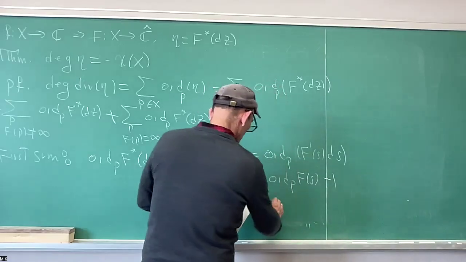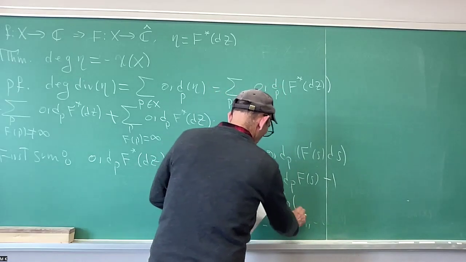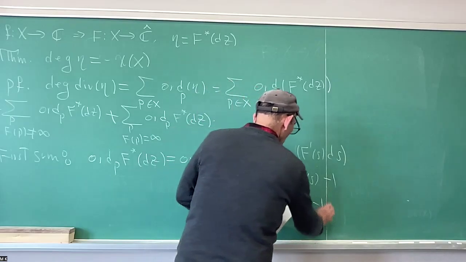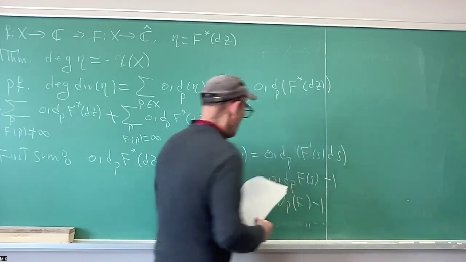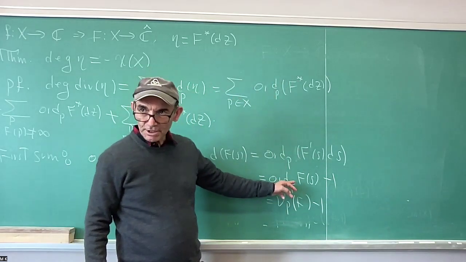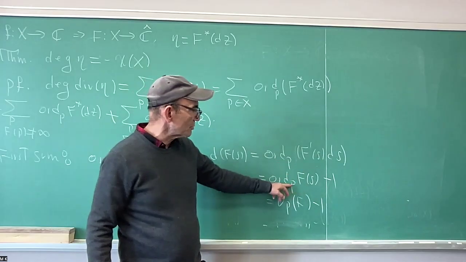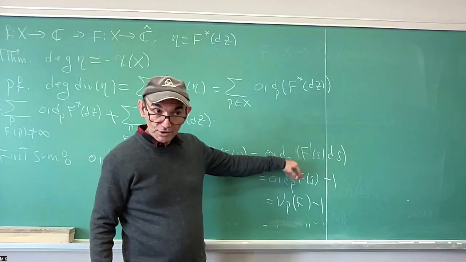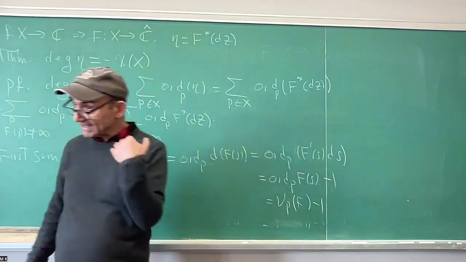And this is equal to, by definition, the valuation of f at p minus 1. So this is definition, and the only thing that you have to be careful is why this is equal to that. But notice that we are taking the derivative of the function because we are calculating the pullback of dz, right?